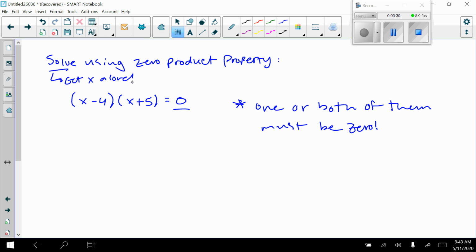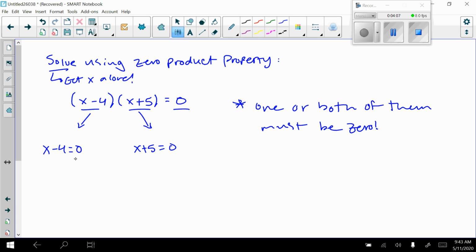Since one or both of these must equal 0, I can break this up into two pieces and set both equal to 0. So x minus 4 might be 0, and x plus 5 could also be 0, because when they multiply together, they equal 0. That's the whole application of the zero product property.